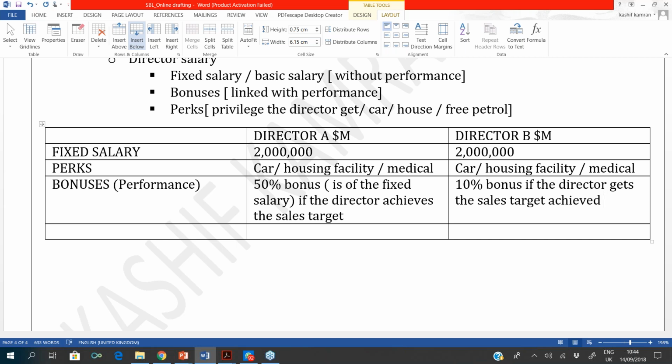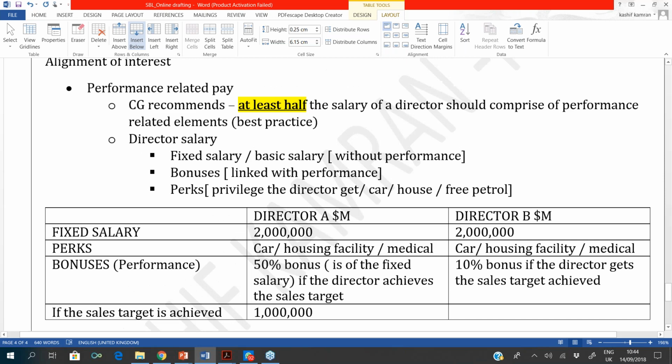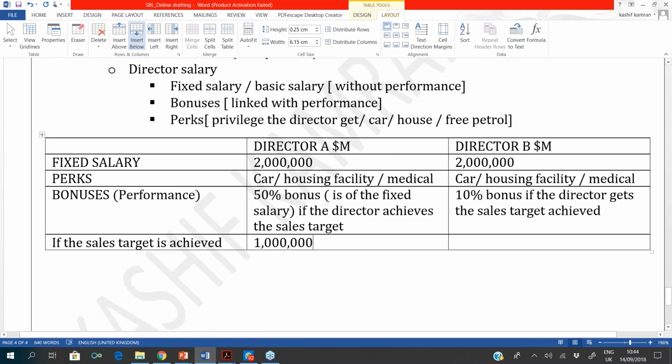Director A knows that if the sales target is achieved, I'll be getting 50% of 2 million. So I'll be straight away getting $1 million as my bonus. At least half the salary should comprise of the bonus. And that's exactly the criteria of corporate governance. But director B knows that even if I achieve the sales target, I'll be getting 10% of the 2 million. So I'll just be getting another $200,000.